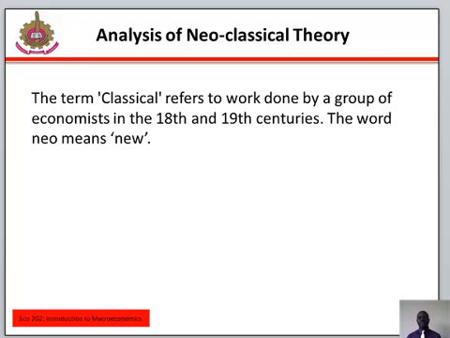The word neo means new. Neoclassical economists believe that the government should not intervene to try to correct economic situations, as it will only make things worse, and so the only way to encourage growth is to allow free trade and free markets.